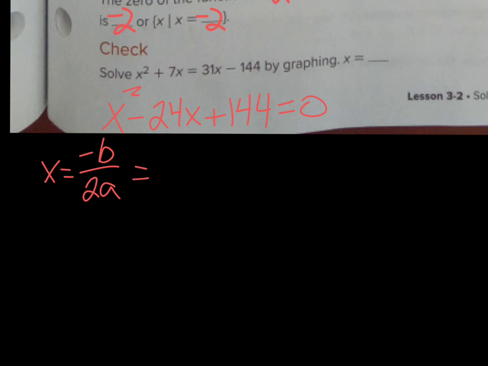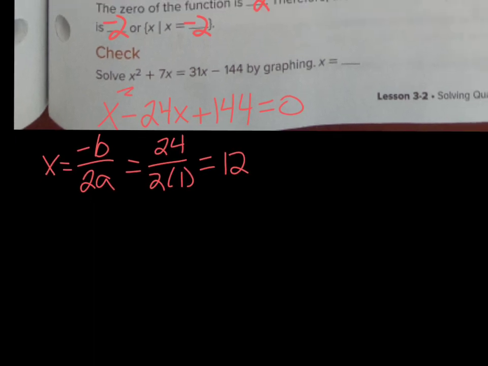We got 12. I think that sounds good. 24, because it should be 24 over 2 times 1. So 12. Okay, so now this is our axis of symmetry. And if you notice what they did on the other problem, they started at the axis of symmetry and then went 1 in each direction and then 2 in each direction. So that's what I would suggest you do.